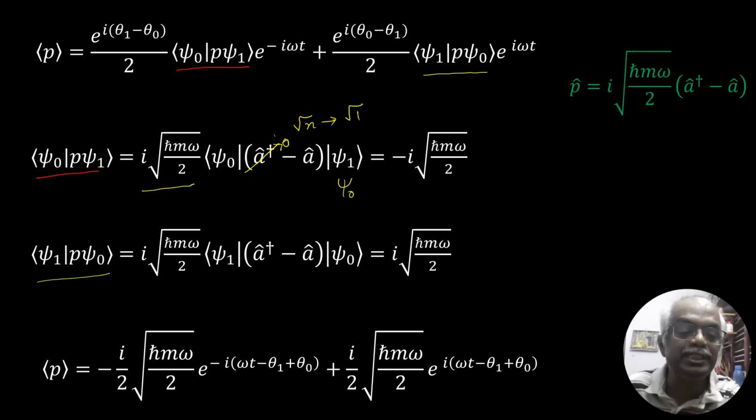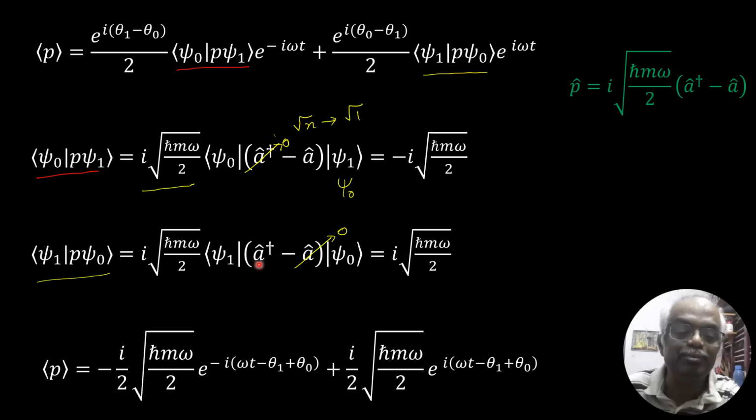psi 1 p psi naught. You do the same thing. I am taking i square root of h cross m omega by 2 outside, then a dagger minus a inside this inner product. When the annihilation operator acts on psi naught, the ground state wave function, it will be 0, so it will not contribute anything.